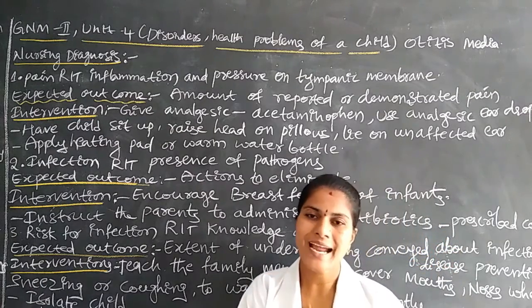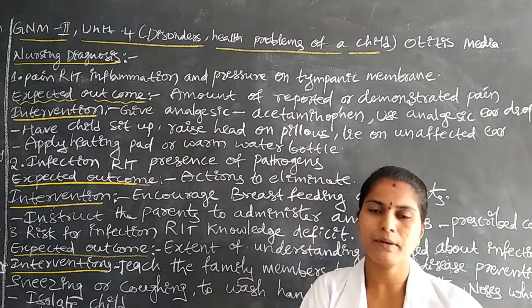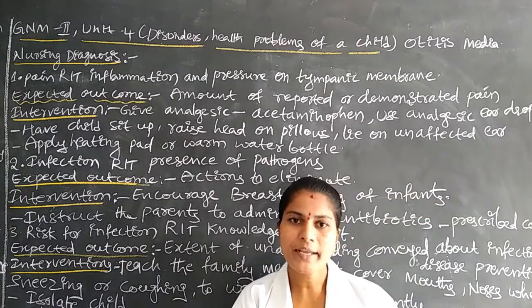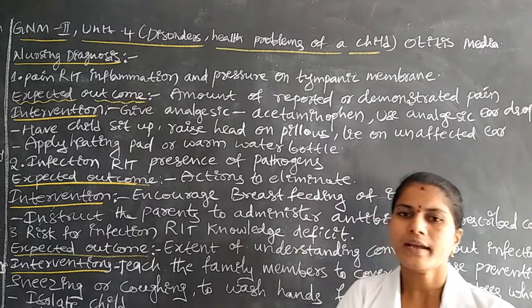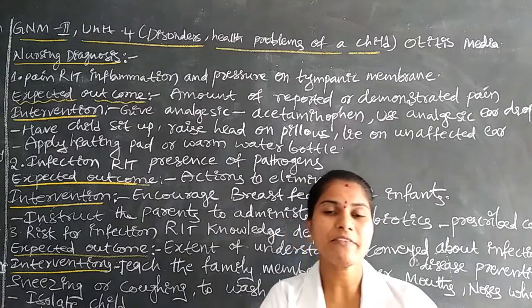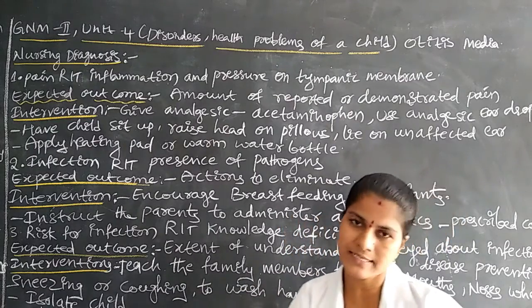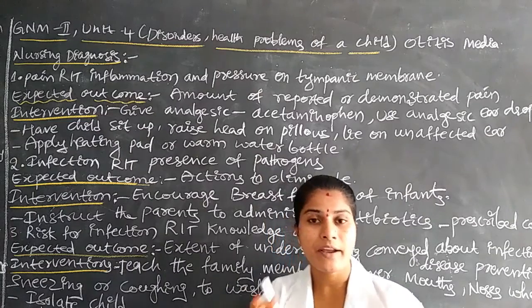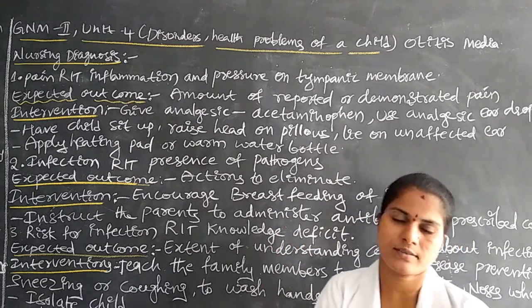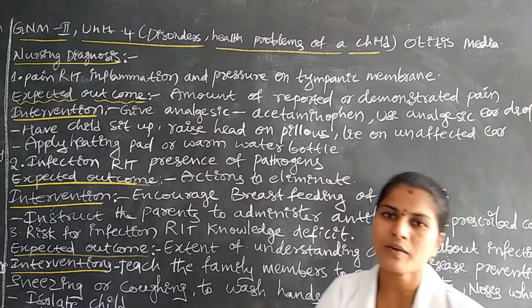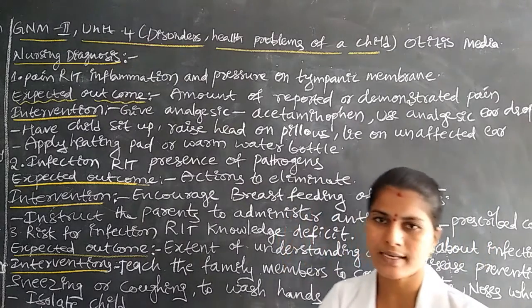Then the child should feel comfortable. Some pressure should be relieved by providing head elevation. Next, we provide a comfortable sleeping position on the unaffected ear side. The affected ear side should not be the position of comfort; on the unaffected ear side we provide a comfortable position to the child.